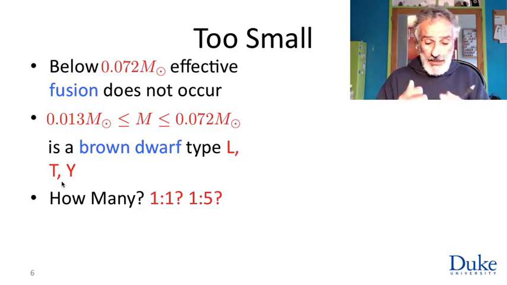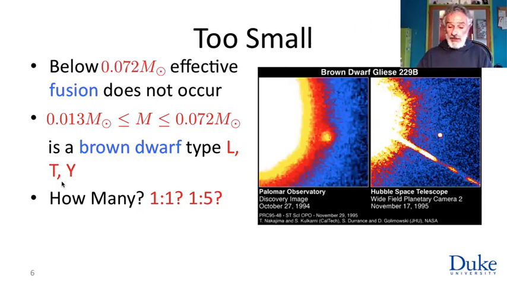The first actual discovery of a brown dwarf is relatively recent. It's 1994-95, when this object, Gliese 229b, was actually discovered, both by Palomar and by the Hubble Space Telescope. And after that, infrared surveys started showing that there were brown dwarfs in the solar neighborhood.